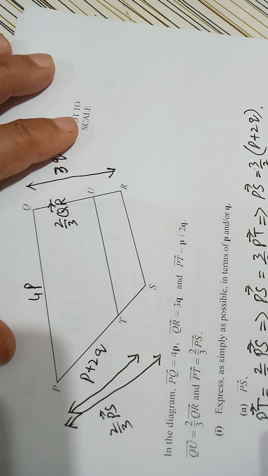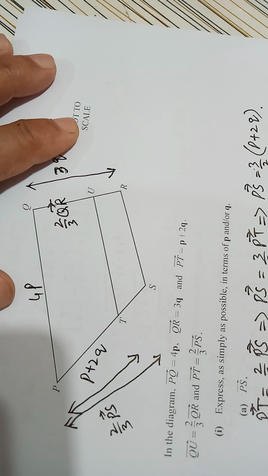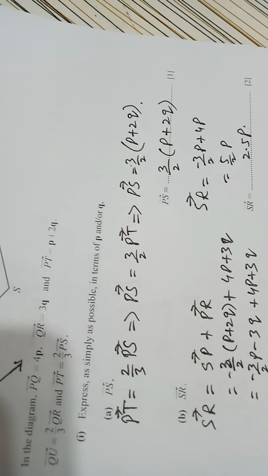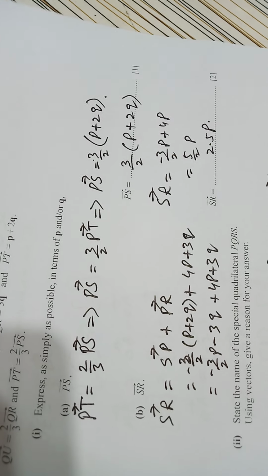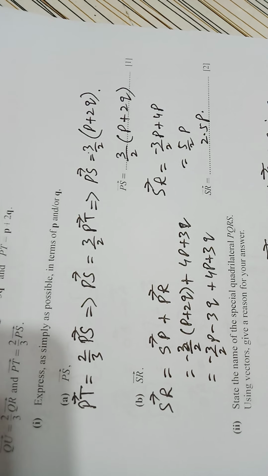So making PS the subject, PS is equal to 3 over 2 PT. Put the value of PT, so PS is equal to 3 over 2 (p plus 2q). Again SR is equal to SP plus PR. Substitute the values of SP and PR. By simplification, your SR will become 2.5p. You can see the whole working on the sheet. If you feel any problem, you can discuss with me.